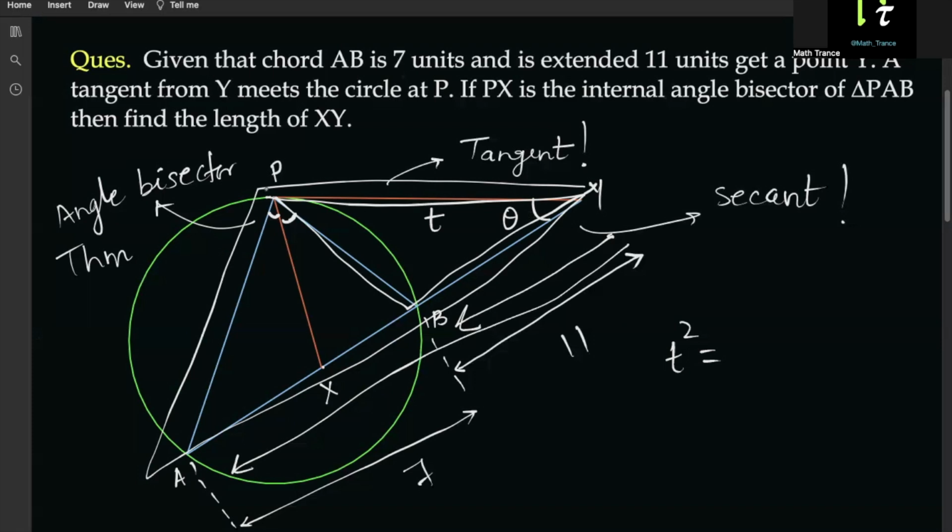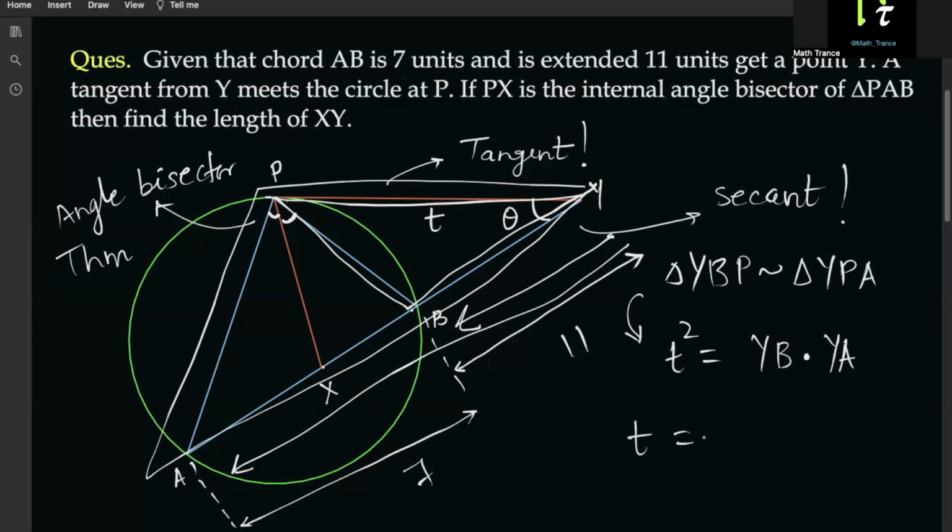So triangle YBP will be similar to triangle, starting from Y because of theta, then after that we went to the opposite angle, then P and then A. Just note that these triangles are similar, and from this similarity and taking the ratio of sides to be equal, you will get that t square should be equal to YB into YA.